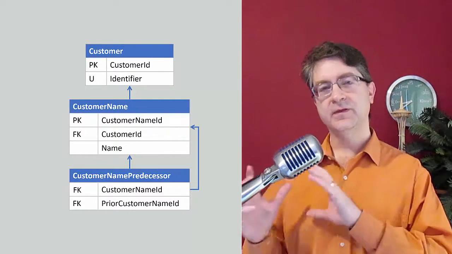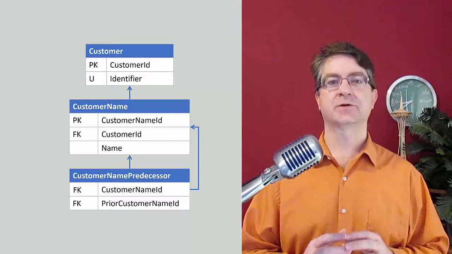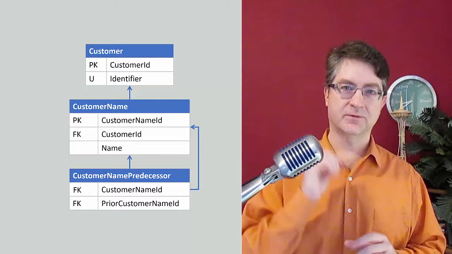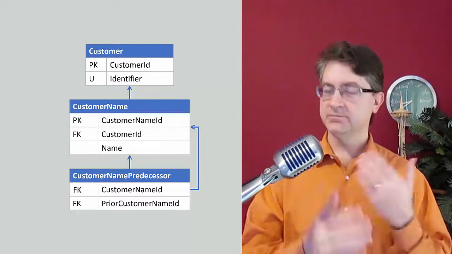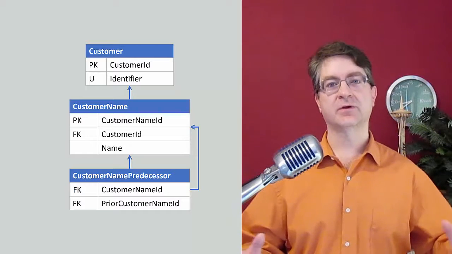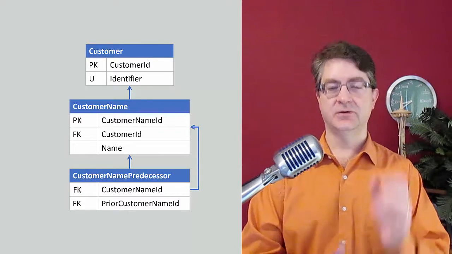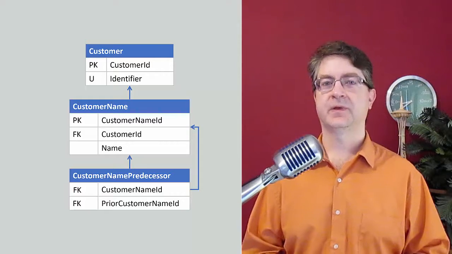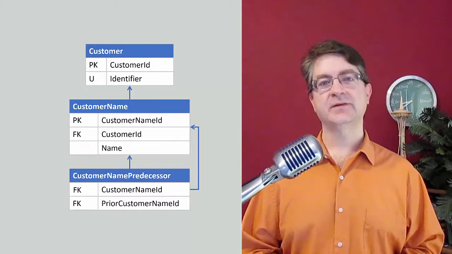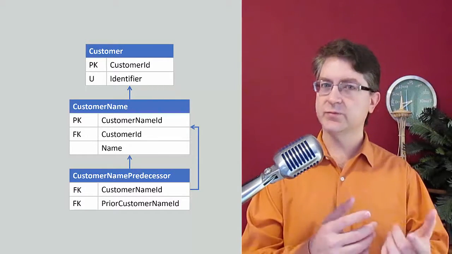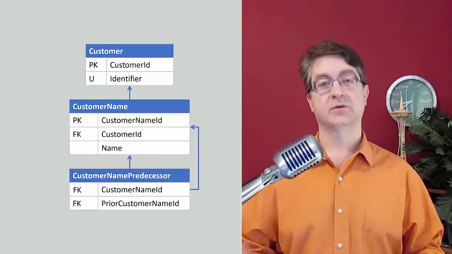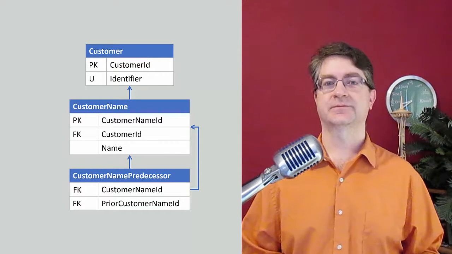And so with this structure, I'm able to capture 0 previous customer name IDs for the first one, 1 for the typical case, or multiple when I need to resolve a fork in the tree back to one single branch. This is how we keep track of mutable properties within a historical model, because it tells us exactly what was the previous version, which versions do not have successors, so I can see what are the current versions.